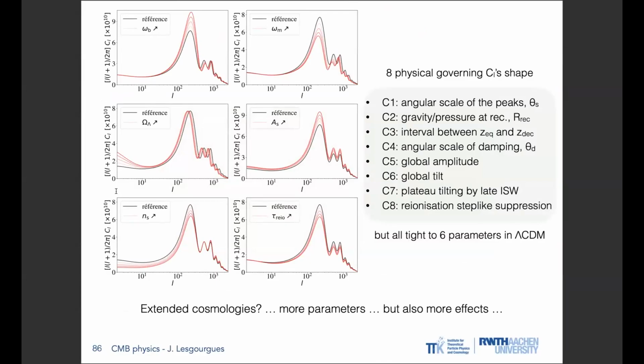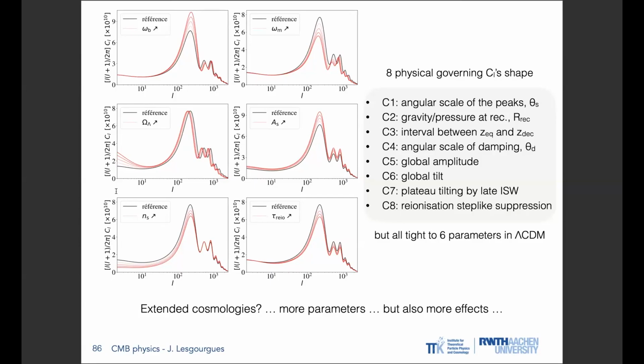But when you allow for curvature, you have something called the geometrical degeneracy, which means that when you plot the contours for omega_k versus another parameter, and you can put different things here, your contour seems completely degenerate. But this is usually because we are zooming on small regions. If you would have done these plots in an agnostic way 20 years ago, you would have taken a different scale, and this would have been an ellipse anyway.